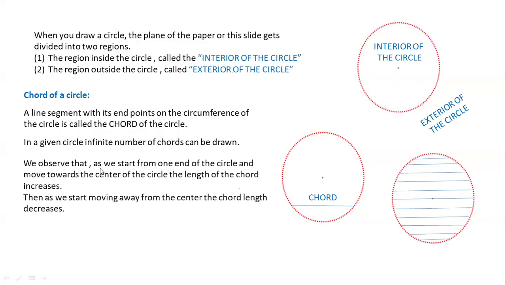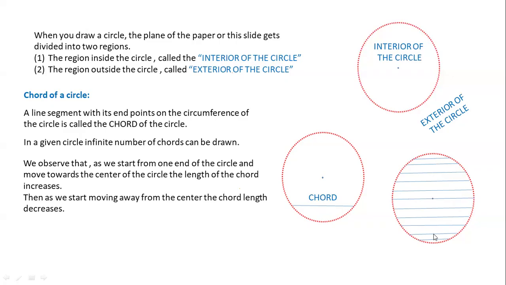We observe that as we start from one end of the circle and move towards the center of the circle, the length of the chord increases. So this is one end of the circle. See this length, see this length. As you go towards the center, the length of the chord increases. And if you start moving away from the center, the length of the chord starts decreasing.